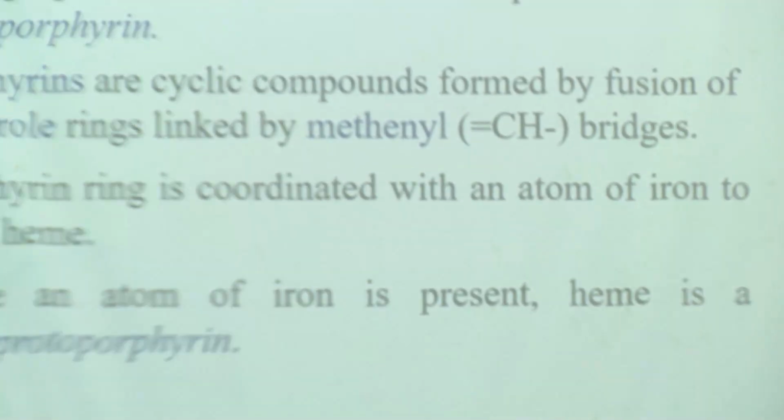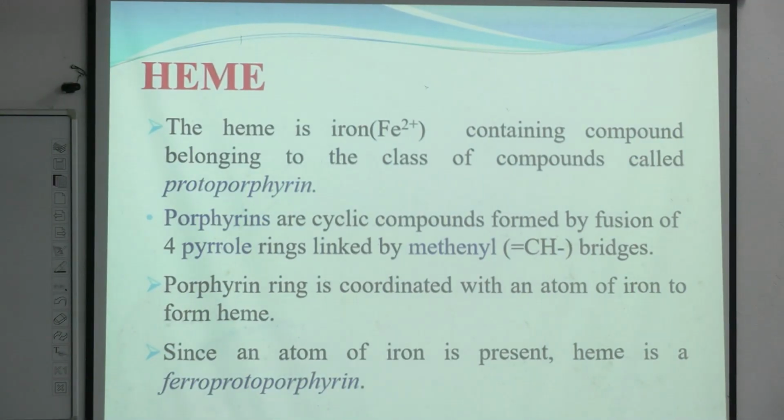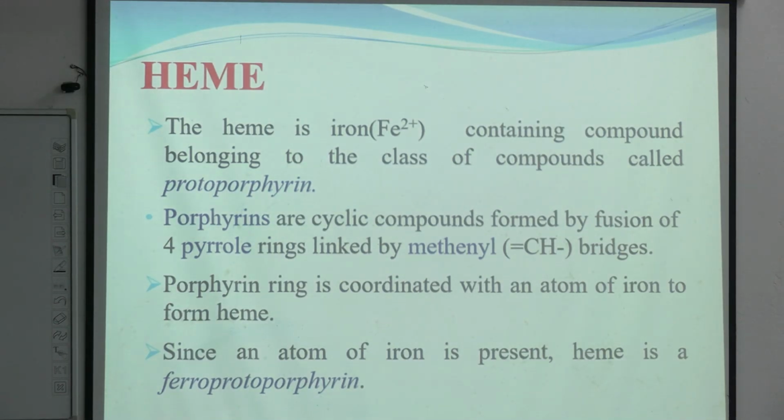So proceeding, heme. What is heme? It is a prosthetic group of any kind of conjugated protein. In any conjugated protein we have the protein part and the prosthetic group.